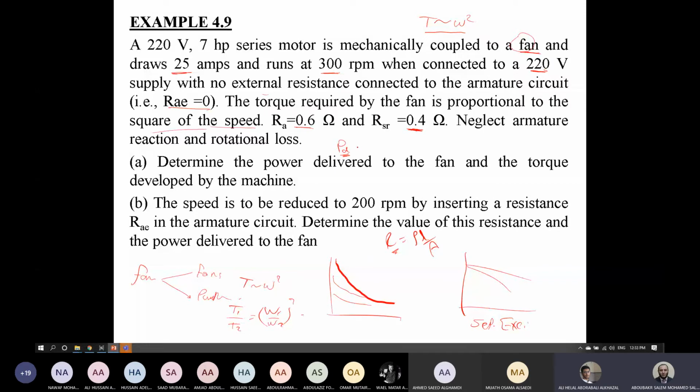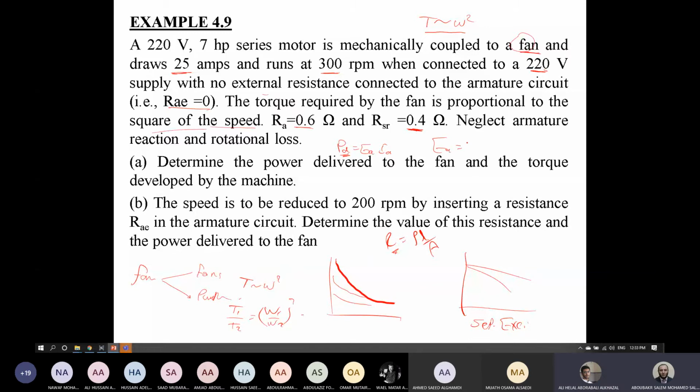We only have speed, and we also have volt and current. So can we get the power developed through EA multiplied by IA? Is it right? Yes. We have IA, so we need to calculate EA. Exactly. How can we calculate EA here?